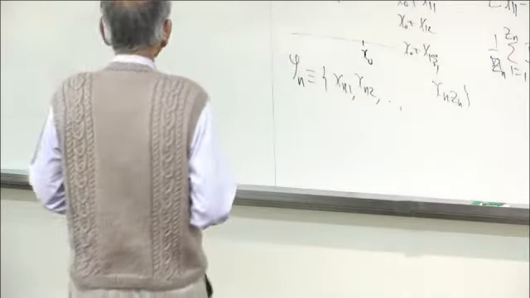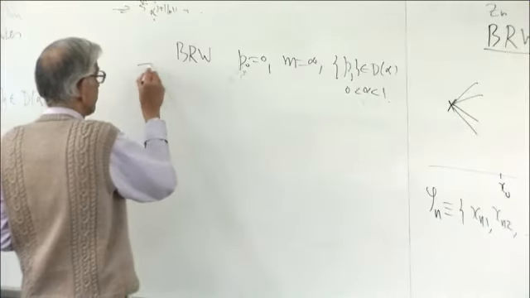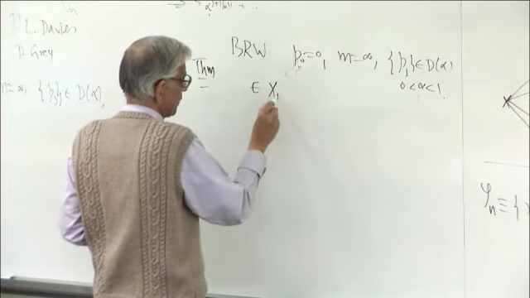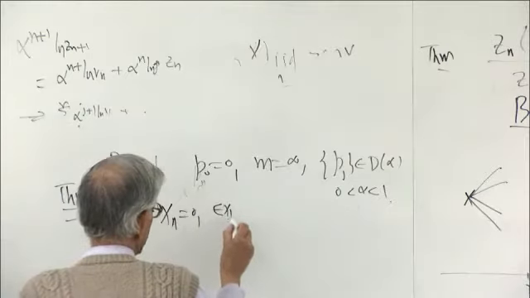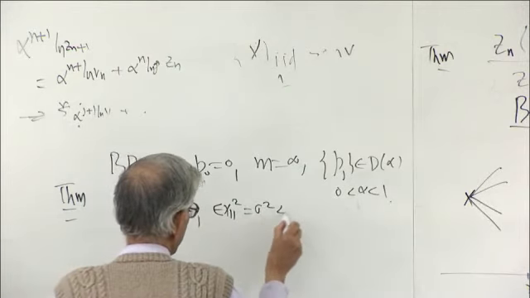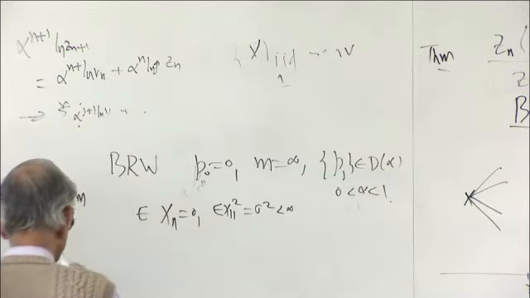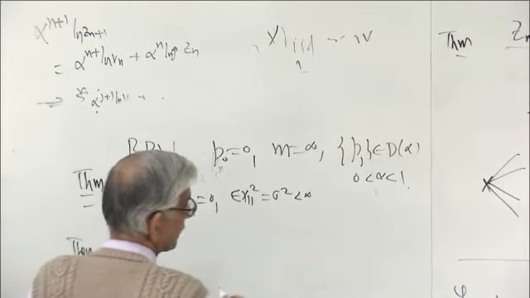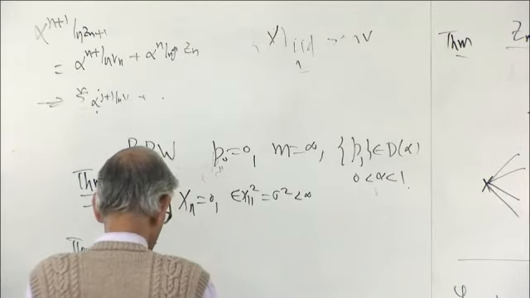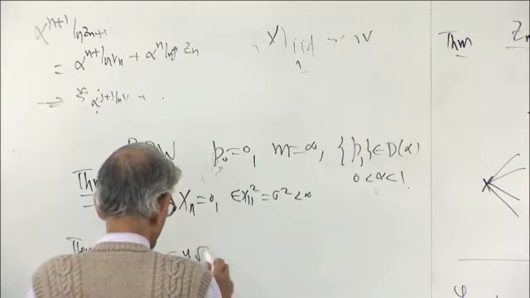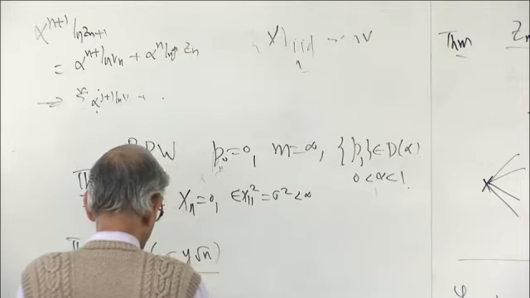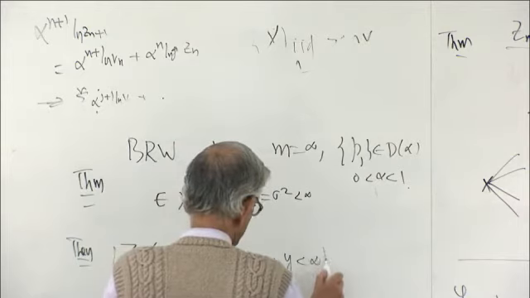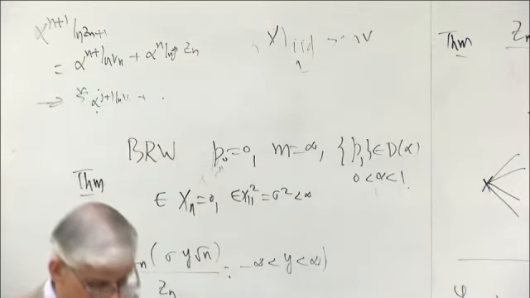So what happens is this. In this case, this is a theorem. Assume again that the expectation of X_11 is 0, and the expectation of X_11 squared is equal to sigma squared, which is finite. Then, if you look at the number of individuals to the left of sigma y times square root of n and divide that by Z_n, consider this stochastic process indexed by the parameter y over the whole real line.